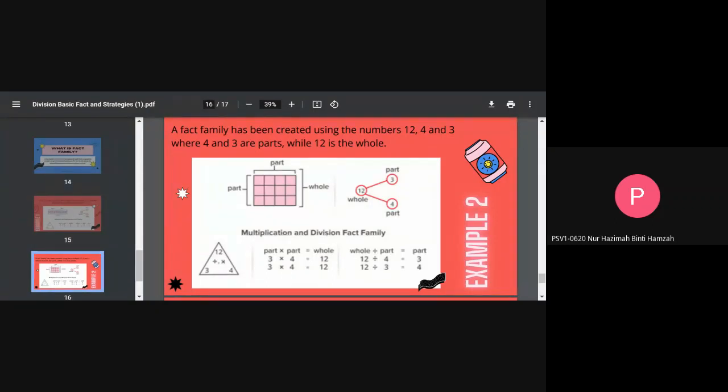If we multiply or divide the parts, it can produce the whole. For example, 3 times 4 is 12, and 4 times 3 is 12. Then 12 divided by 4 is 3, and 12 divided by 3 is 4. Next slide.